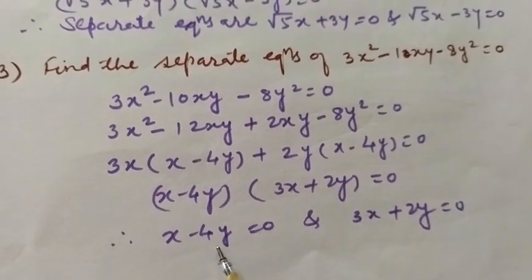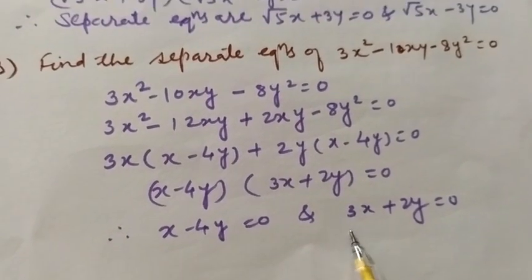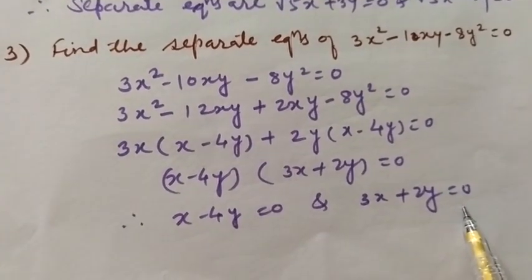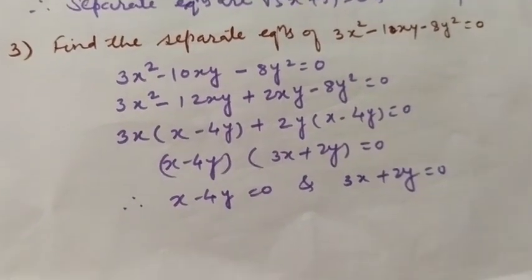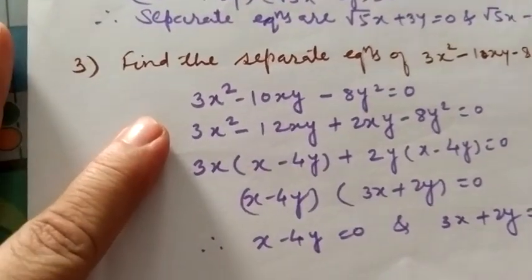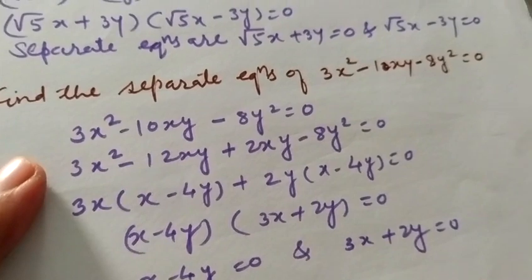This gives x − 4y = 0 and 3x + 2y = 0. So this is one way of finding the separate equations.